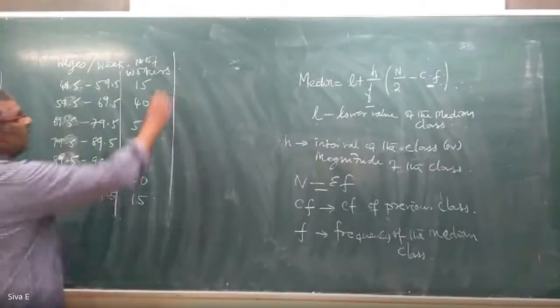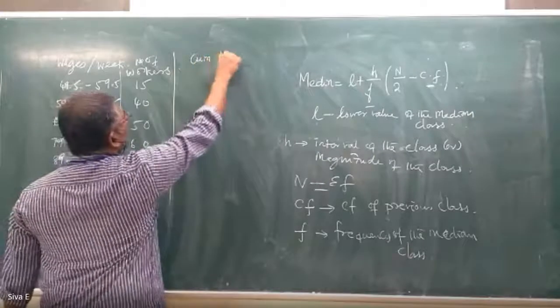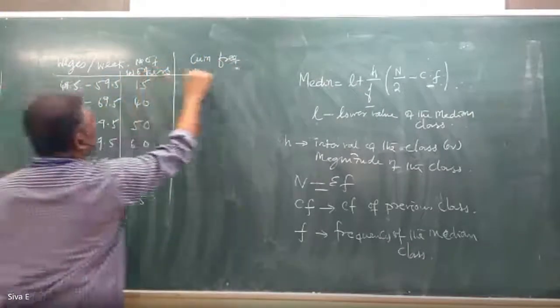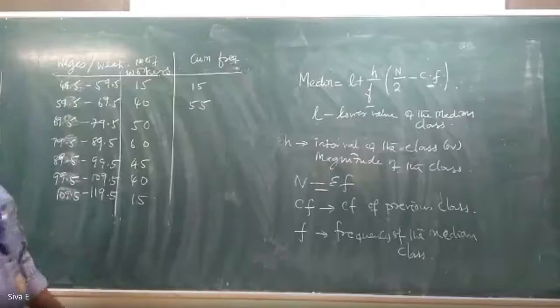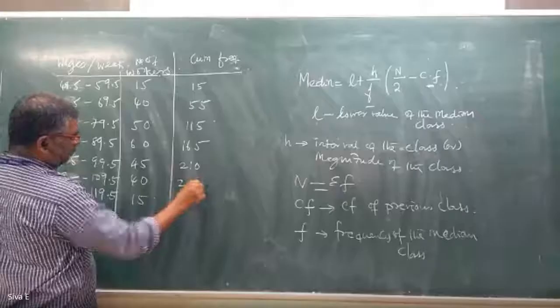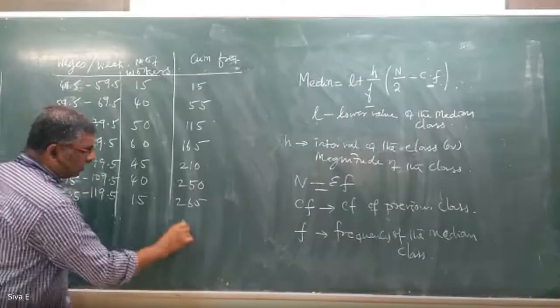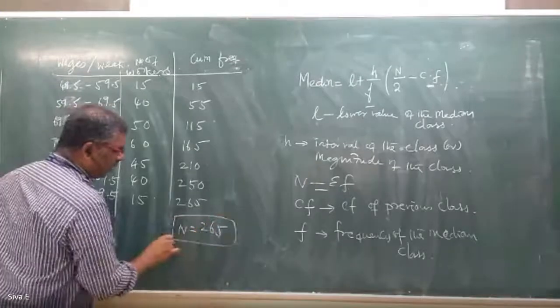For the median, you have to find the cumulative frequency: 15, 55, 105, 165, 210, 250, 265. So here n equals 265.